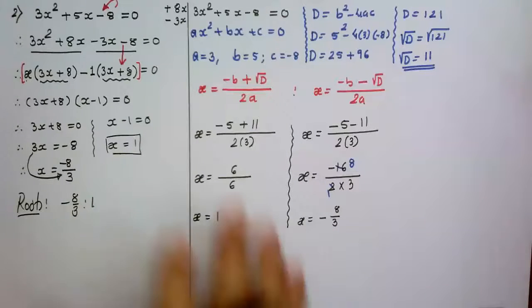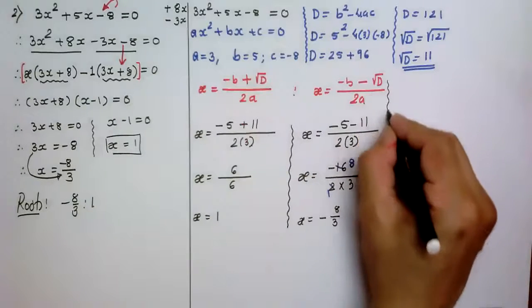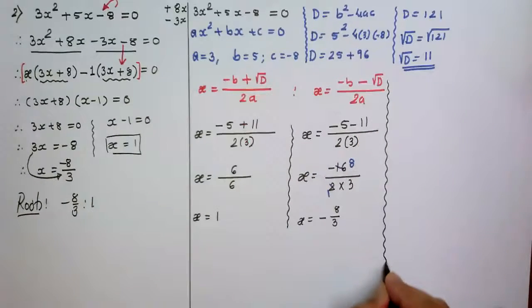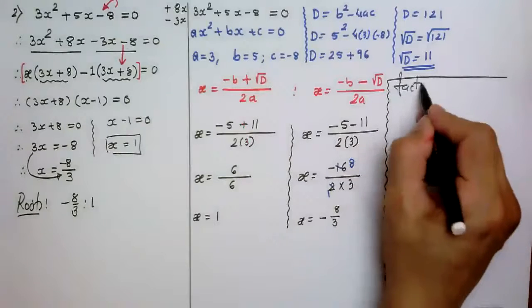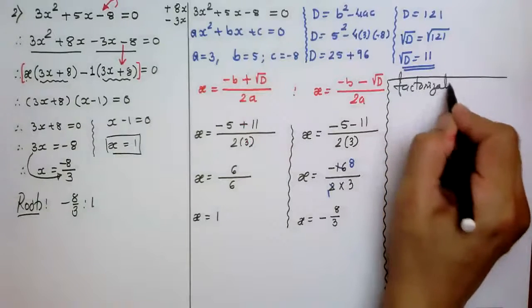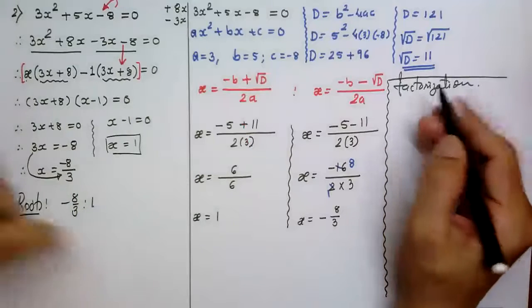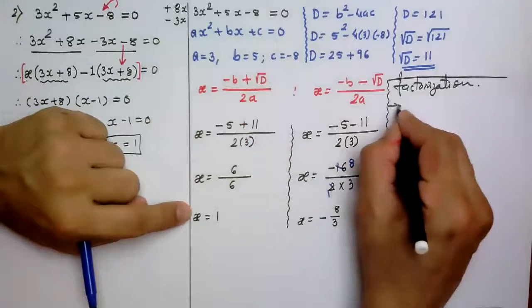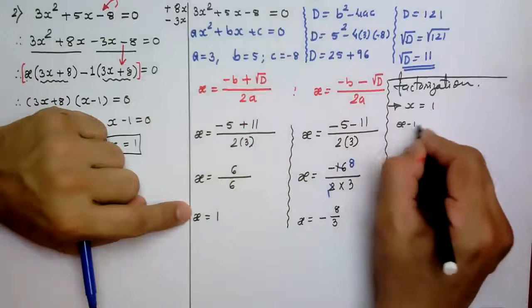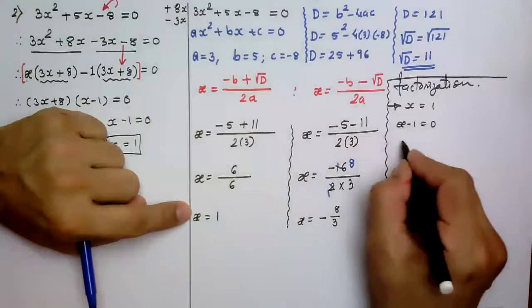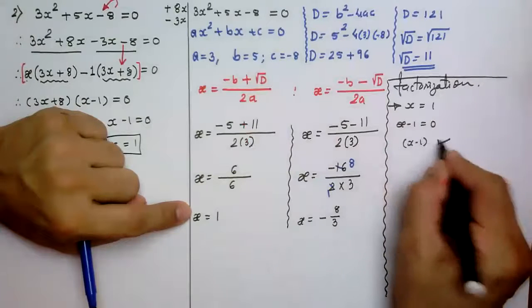Okay. This method can also be used for factorization. For factorization, x equal to 1. Send this 1 on the left hand side, so you will get x minus 1 equal to 0. So one of the factors is x minus 1.